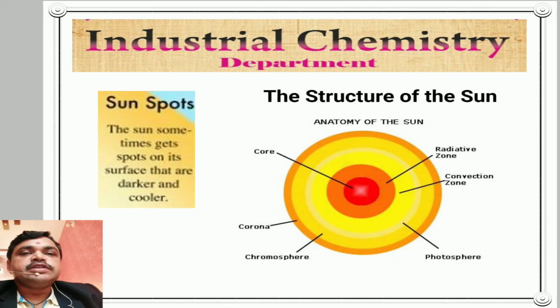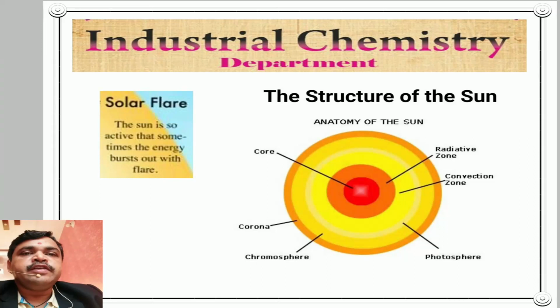Next, sunspots. The Sun sometimes gets spots on its surface that are darker and cooler. And the last one is the solar flare. The Sun is so active that sometimes the energy bursts out as a flare. We also know the Sun is a hot gaseous sphere.